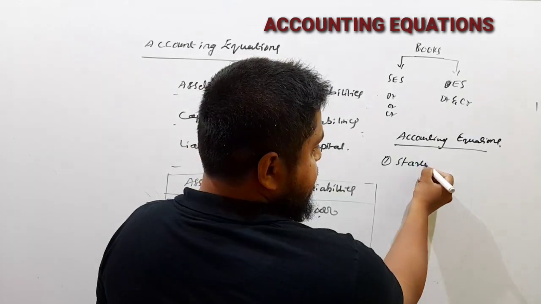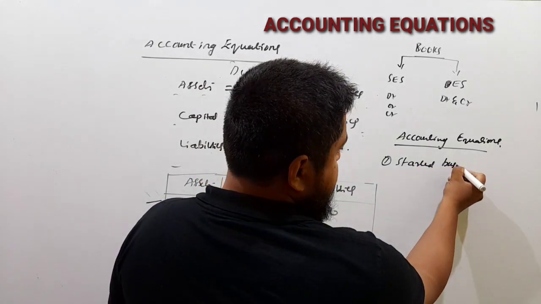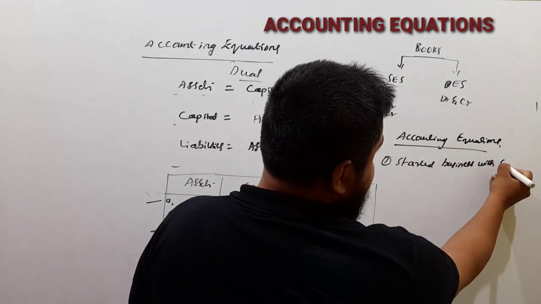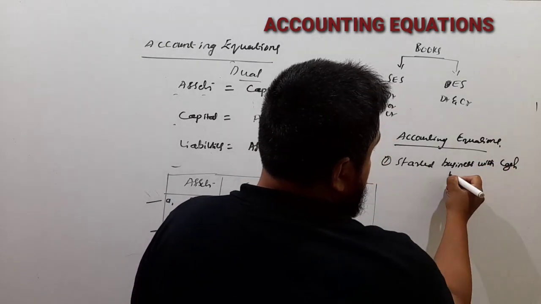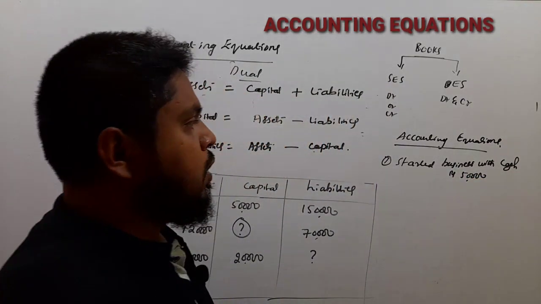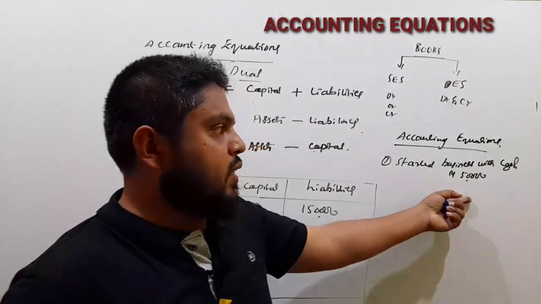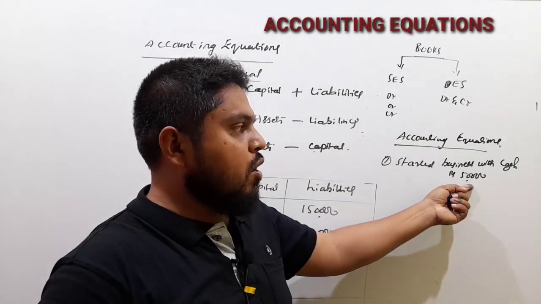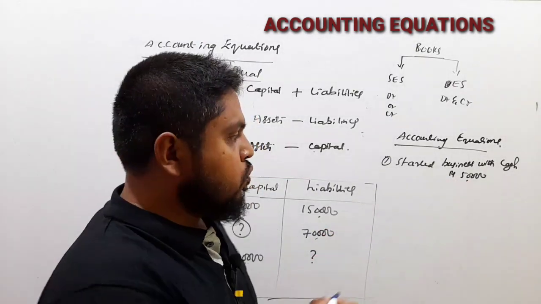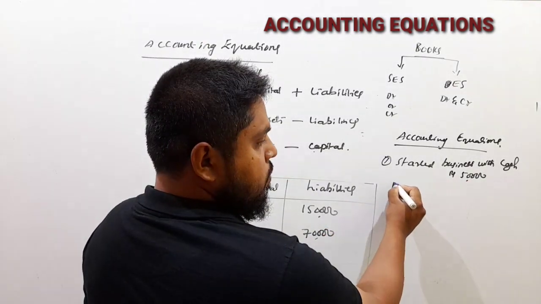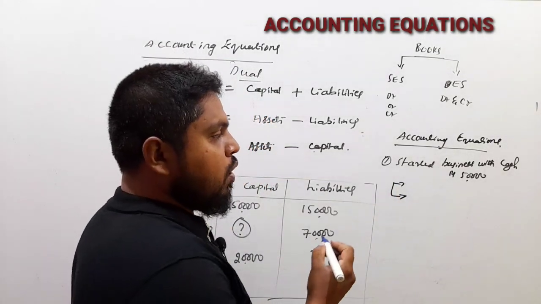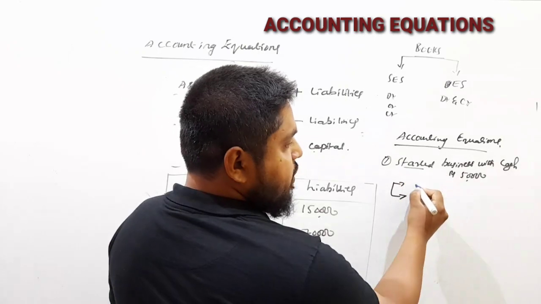Started business with cash, rupees 50,000. So in this transaction, two accounts are involved. That is, started business with cash.